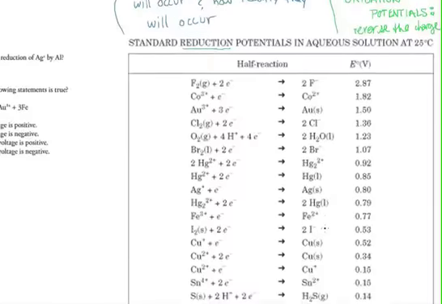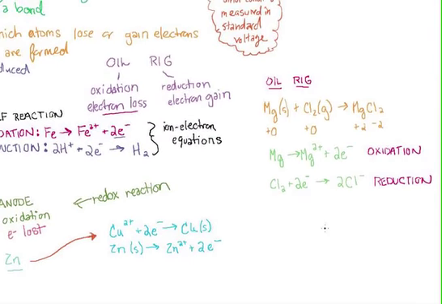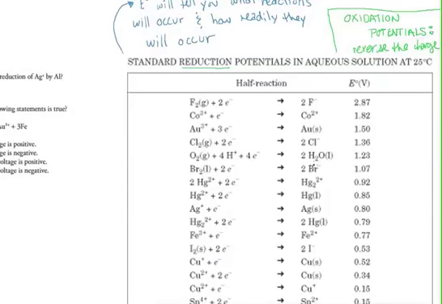So if I take that information back up here, I might say, okay, for this half reaction, my electrode potential is positive 2.37.